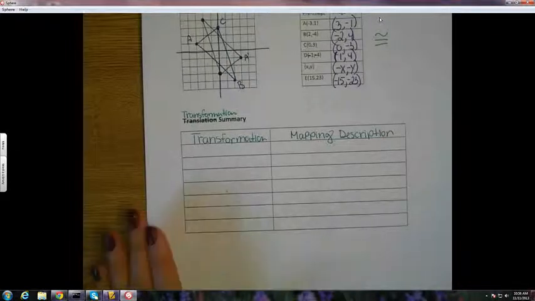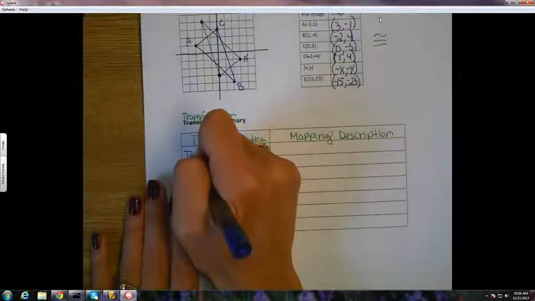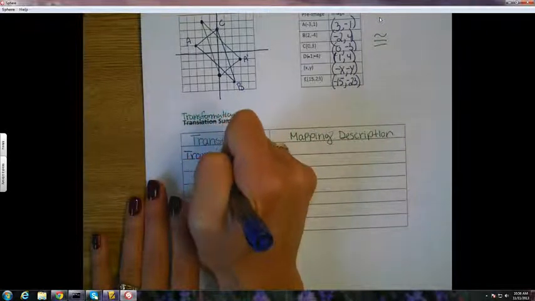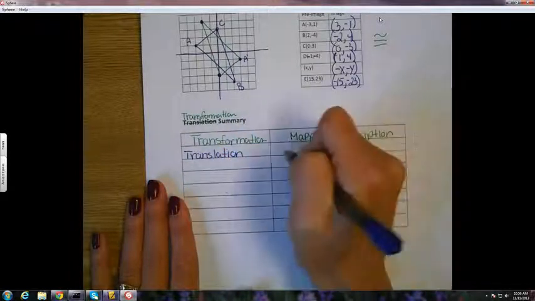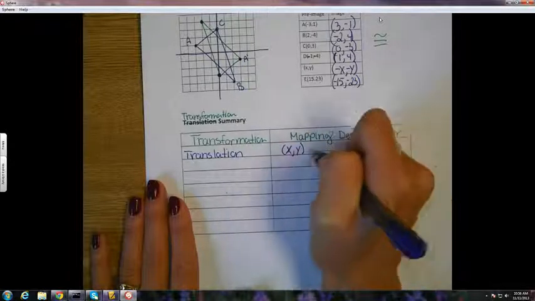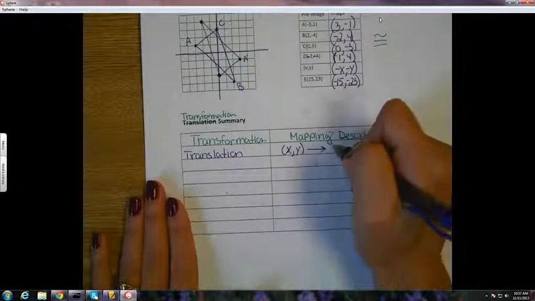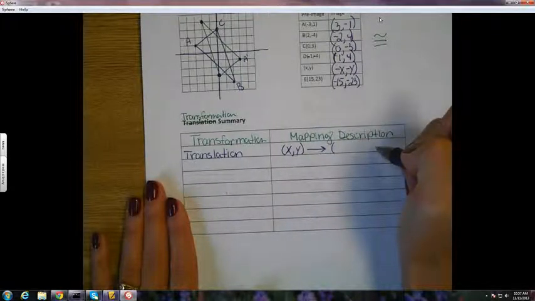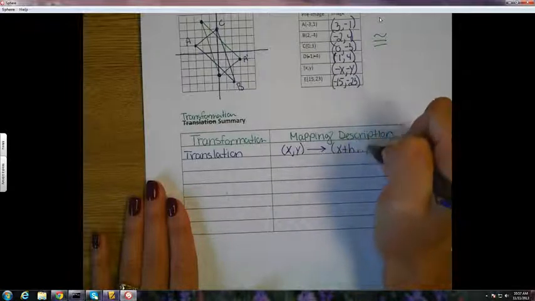Okay, the first transformation we had was a translation. That takes each ordered pair, x, y. They use a little arrow to say that it maps it onto, what was our shortcut for translation? What was it? X plus h, y plus v.